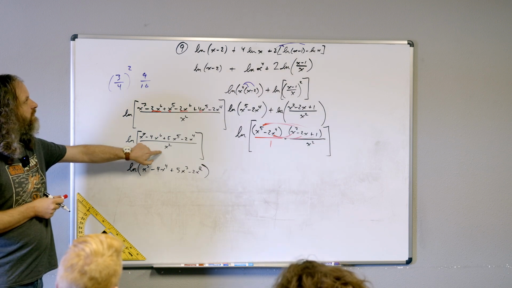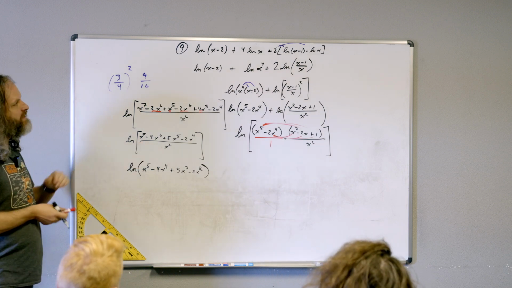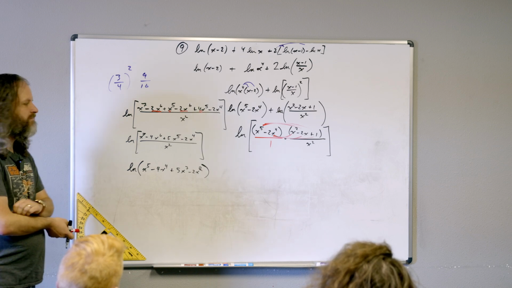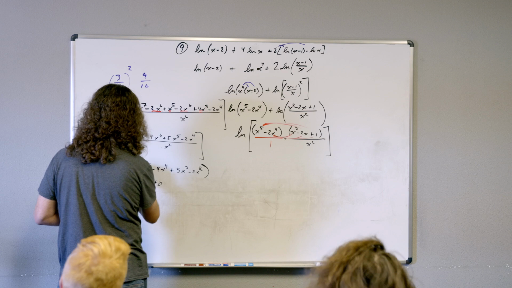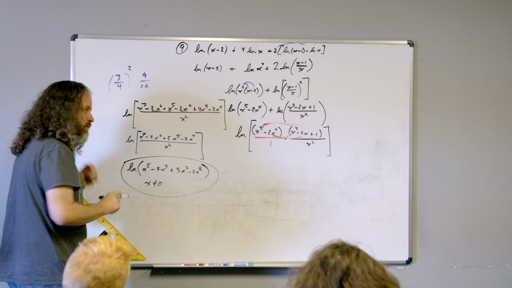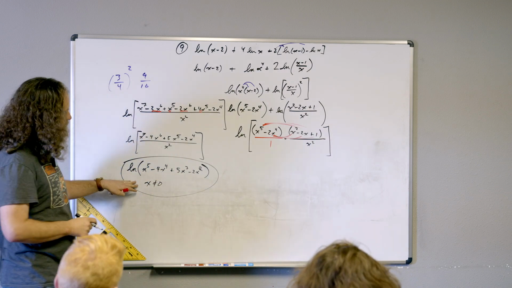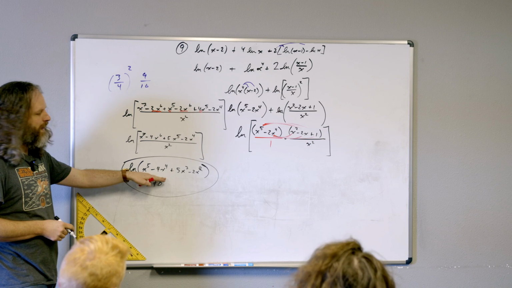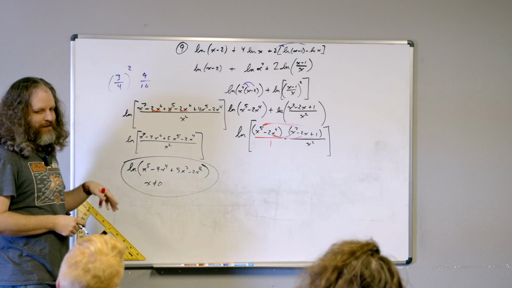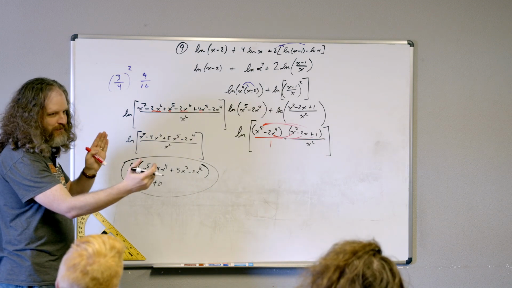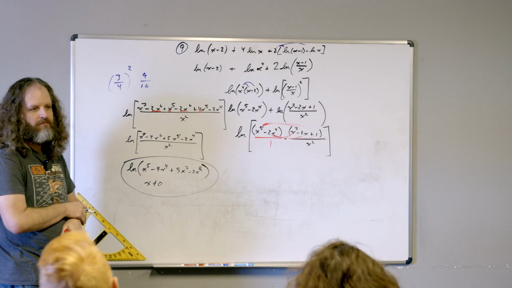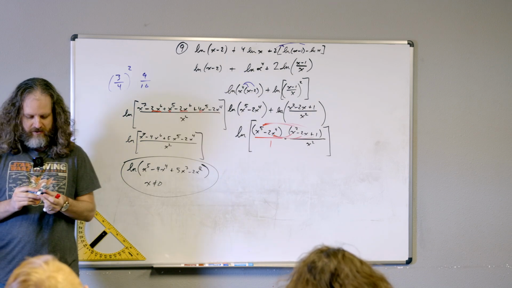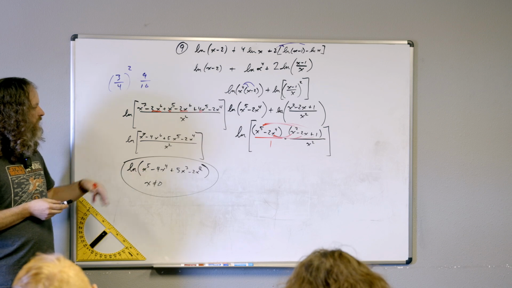Because of this, what can x not be? 0. You could also, and this is a perfectly acceptable answer, factor out an x squared inside here and have it as x squared times x cubed, et cetera. But either one is fine. This is probably as good an answer as that one.